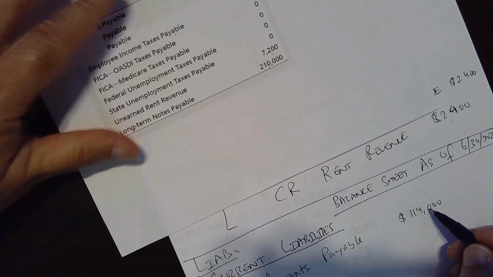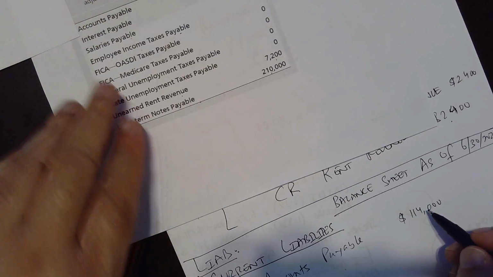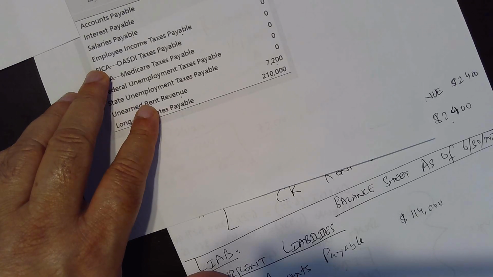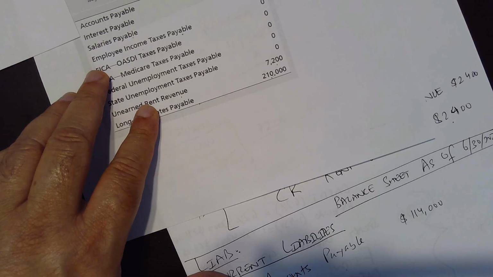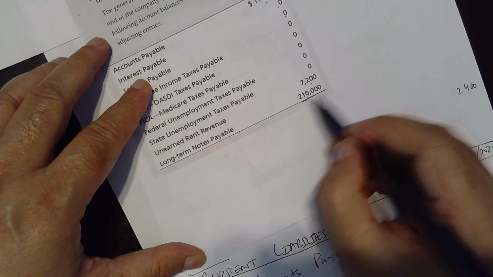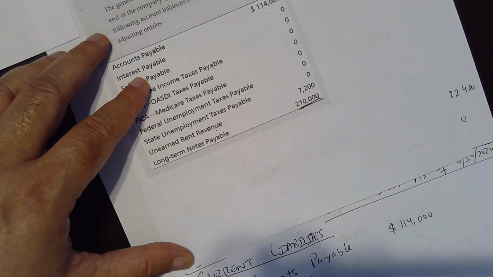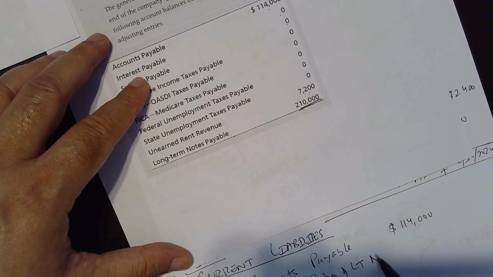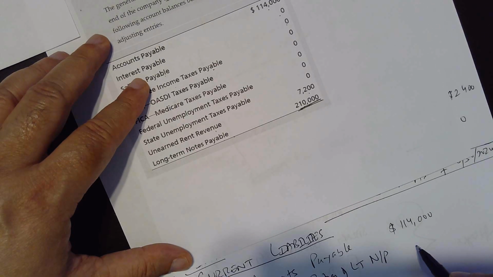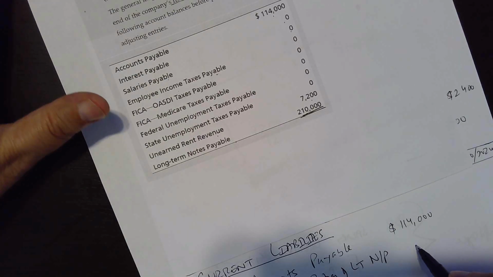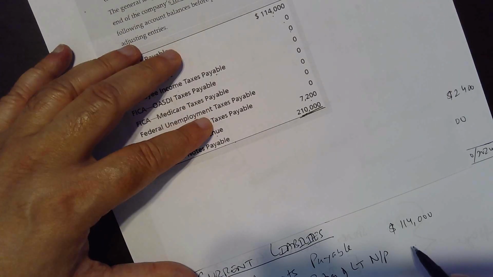Interest payable, but before interest we have to add the current portion of long-term notes payable, which is how much we are paying. We are paying them $42,000.